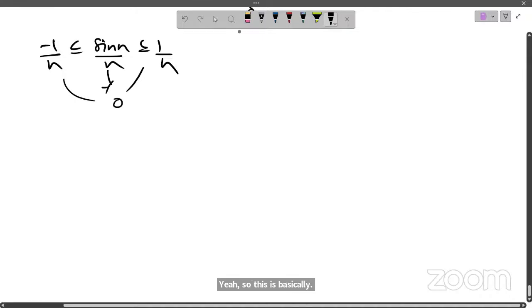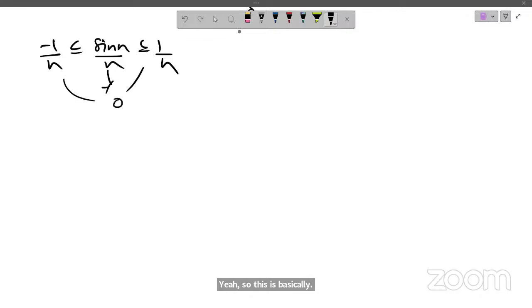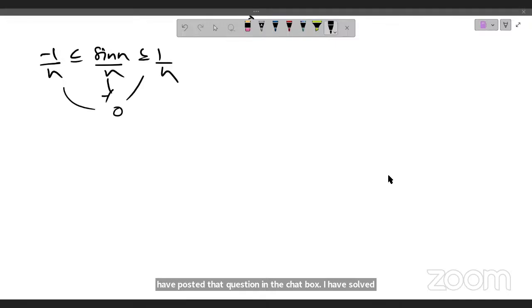Ma'am, I have a doubt in one PYQ which is related to the composite function. So can I ask? Yeah. Ma'am, I have posted that question in the chat box. I have solved this, but what is this?